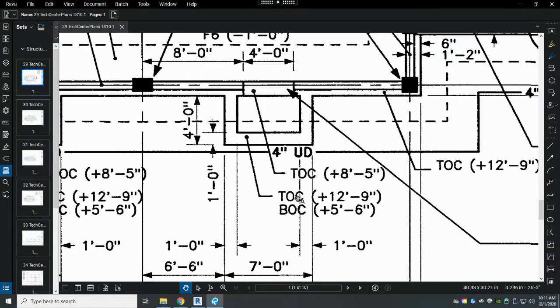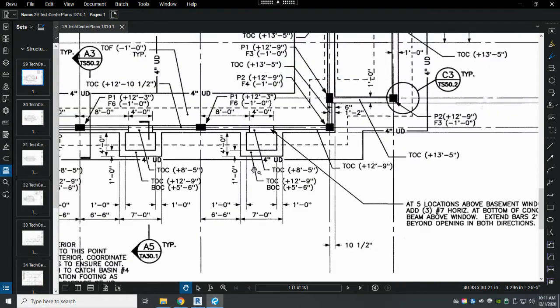So we have a top of concrete of 12'9" and a bottom of concrete of 5'6". So what we have to do is subtract 5'6" from 12'9" to get the height of that actual wall. So if we do that, we get 7 feet 3 inches is the height of that wall. So that's how you read those TOC and BOC callouts.